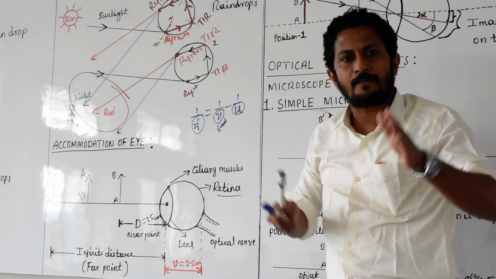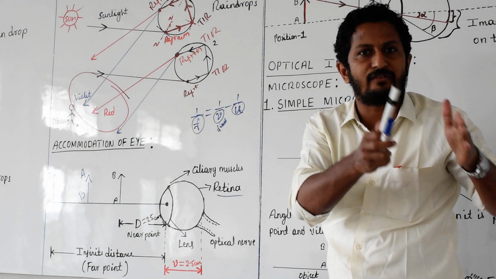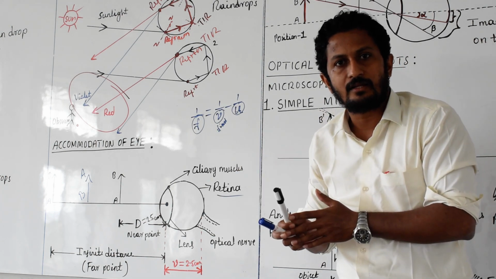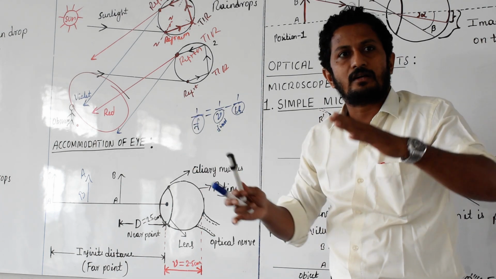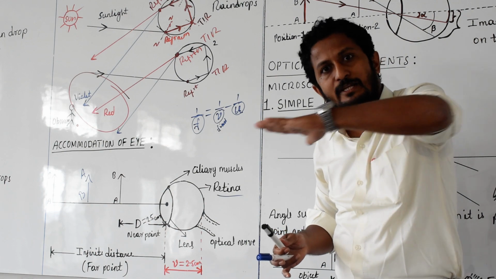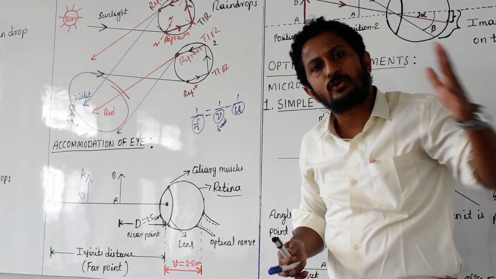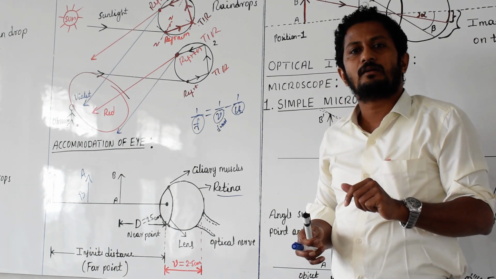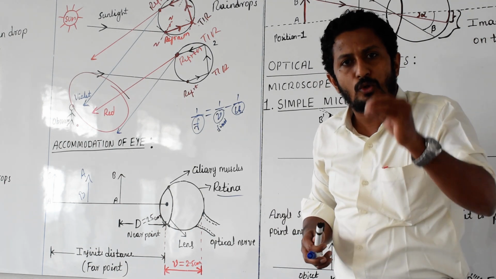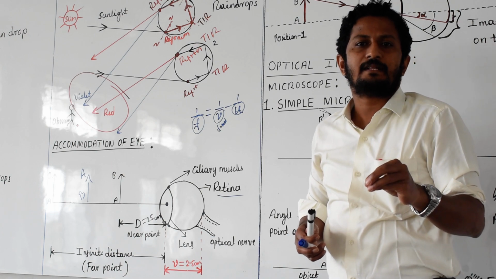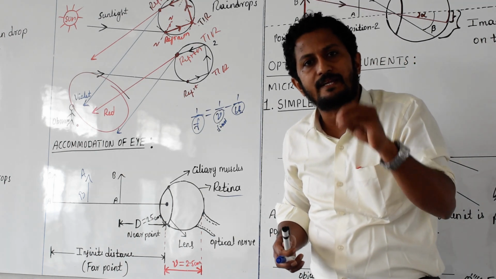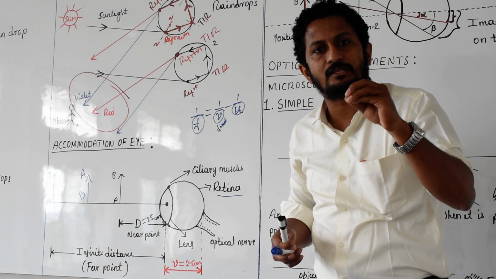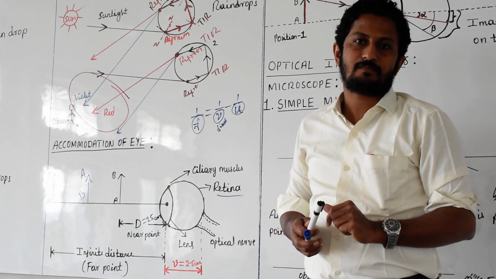I mean, when you look at different positionally placed bodies, you can always see their image on the retina. What is happening there? Automatically there is an adjustment in the focal length of our eye lens.